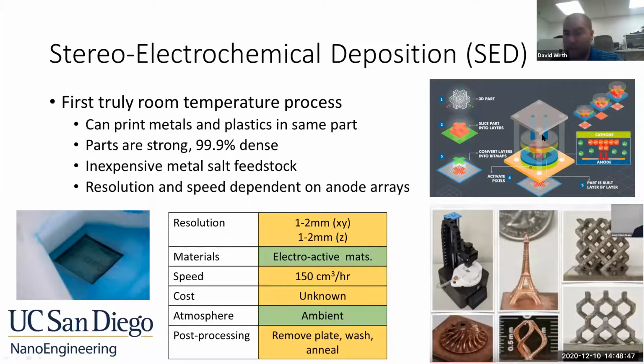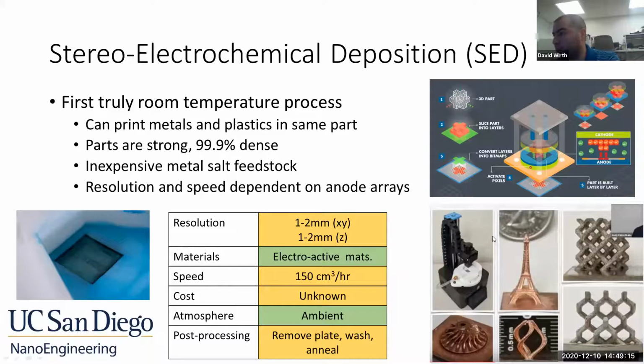So rather than using a laser or heat, you've got your build plate and your anode in a metal salt solution. You can turn on various pixels in your anode, and whichever pixel you turn on, that's where current is going to flow between your anode and cathode, and you're going to get electrodeposition of metal onto your cathode.